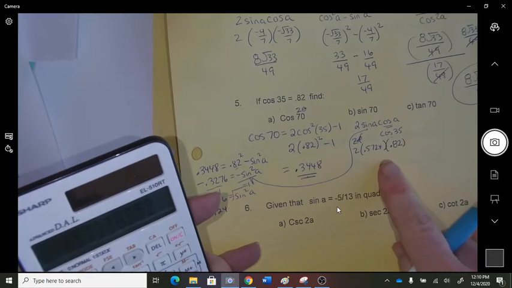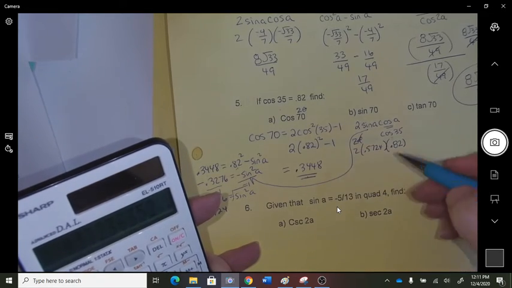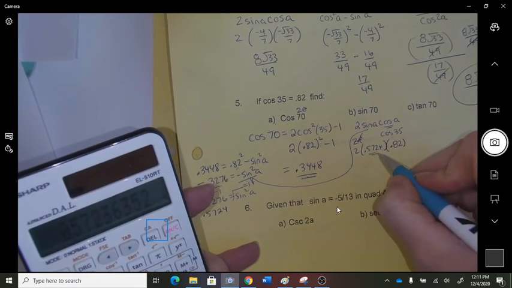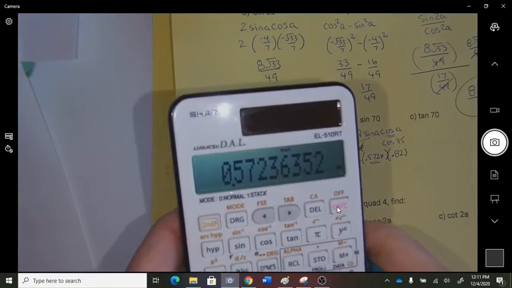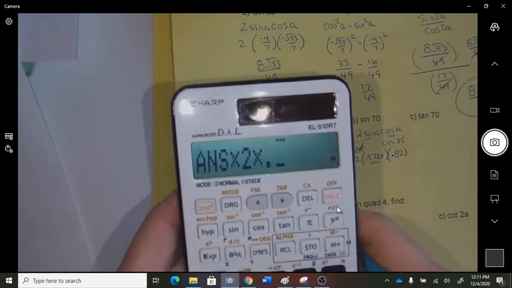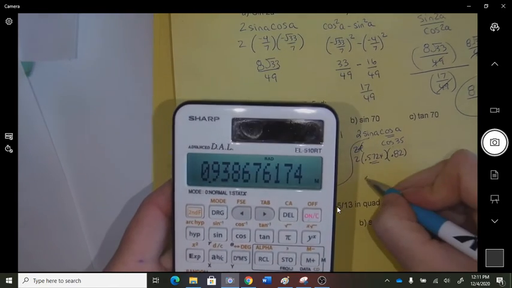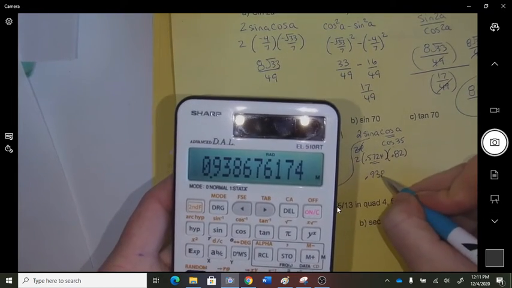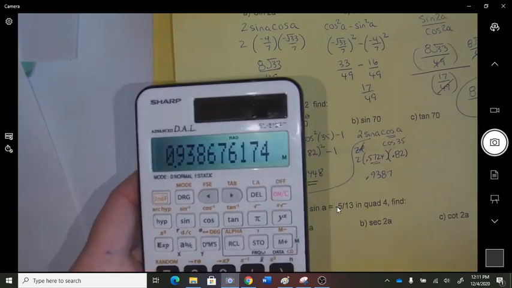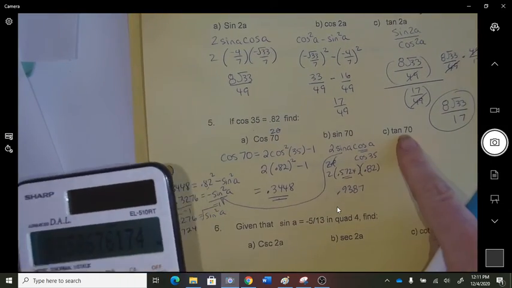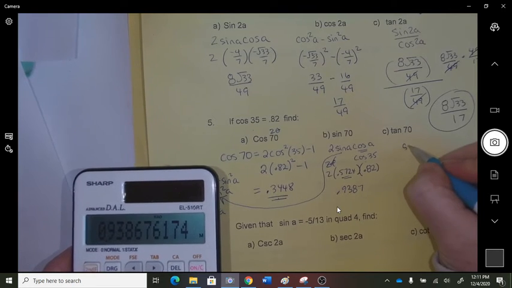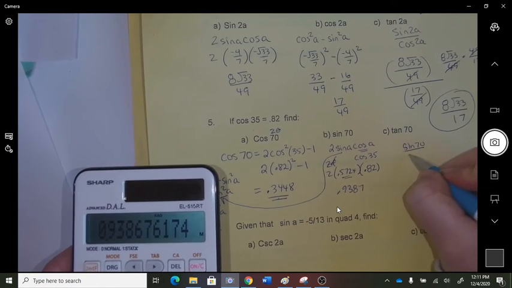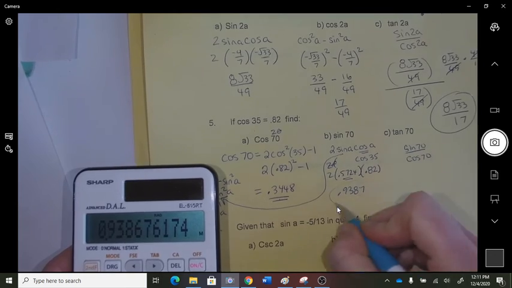And I would just times all of those values. And when I'm doing this, I'm actually keeping it in my calculator. So I have it there, times 2 times 0.82, 0.9387. Okay, and to find the tan 70, I will go the sine 70 divided by cos 70.